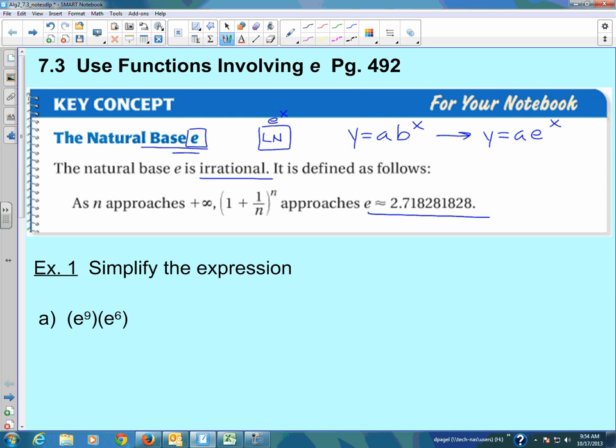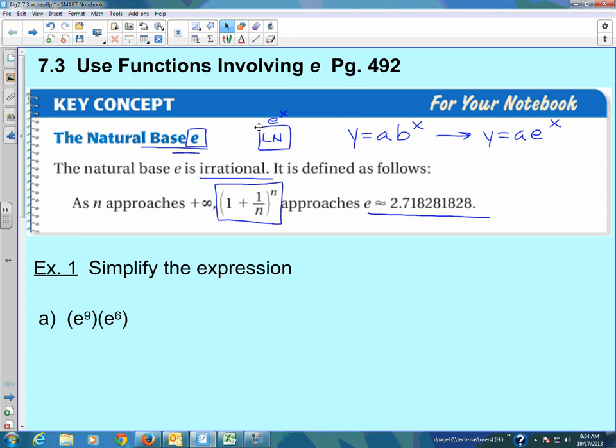Where it comes from is an expression of 1 plus 1 over n, all to the n power. And this is kind of our first look at what a limit is. If I put huge numbers in for n, I keep putting bigger and bigger numbers in for n in that expression.